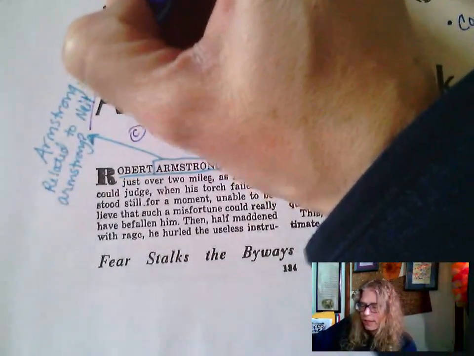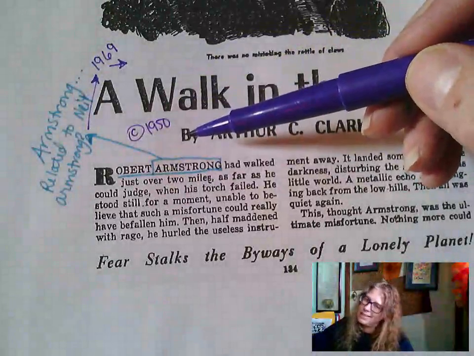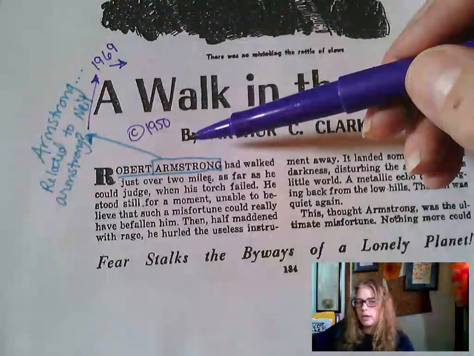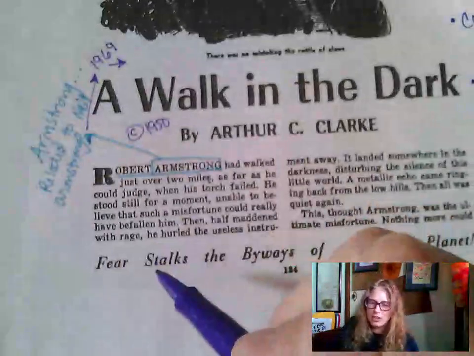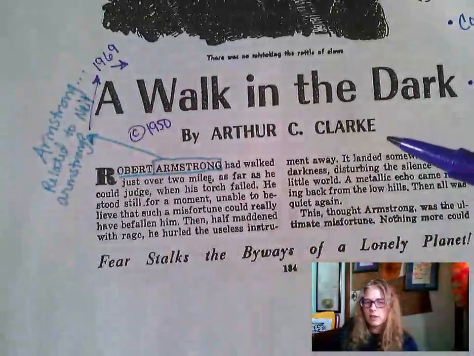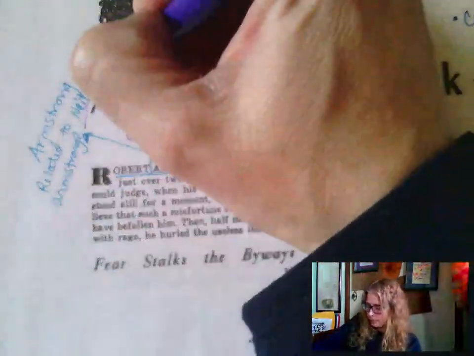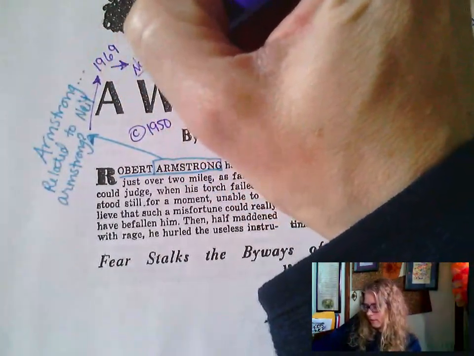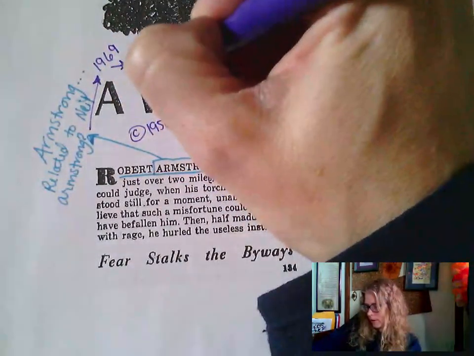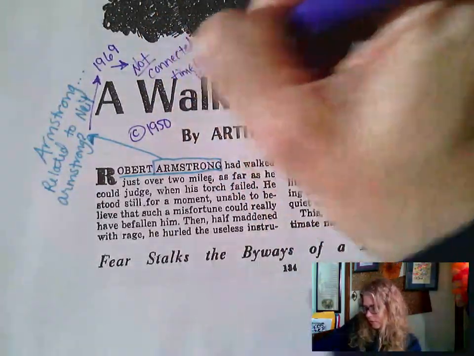So if he didn't land on the moon until 69, and this story was written in 1950, we've got 19 years gap from when it was written before Neil Armstrong lands on the moon. So there probably isn't a connection here. It's unlikely that Arthur C. Clarke thought 19 years before that Neil Armstrong would end up there. So I'm going to write not connected. And I might write something like timeline is too far apart.